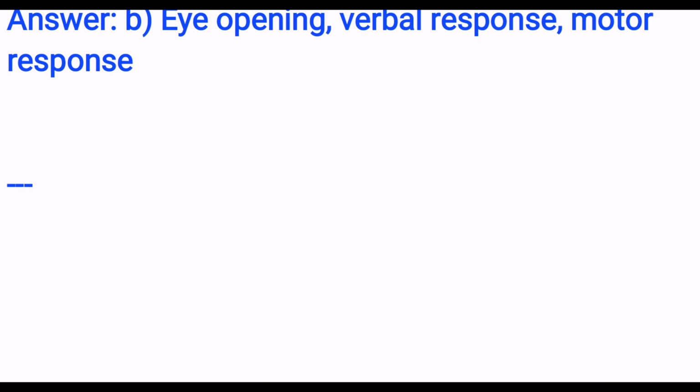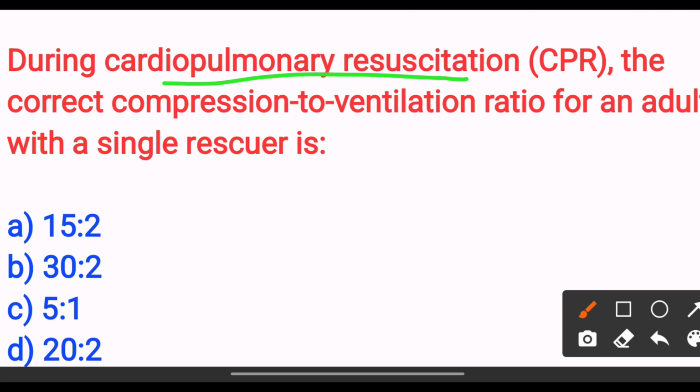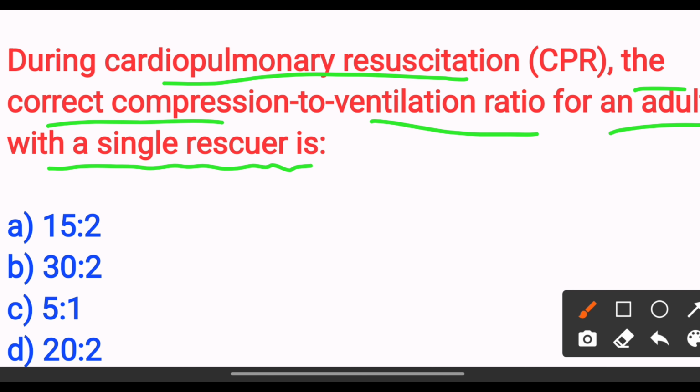Next, during cardiopulmonary resuscitation (CPR), the correct compression to ventilation ratio for an adult with a single rescuer is: option A, 15:2; option B, 30:2; option C, 5:1; option D, 20:2.